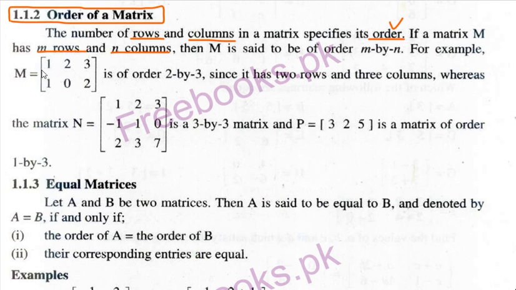For example, this is a matrix M. How many rows does it have? Row 1, row 2. There are 2 rows, 2 by, how many columns? 1, 2, 3. 3 columns.